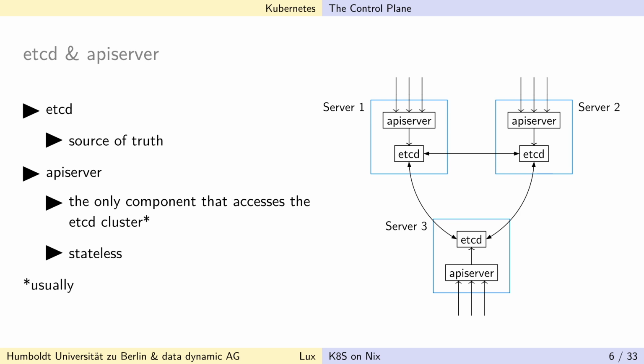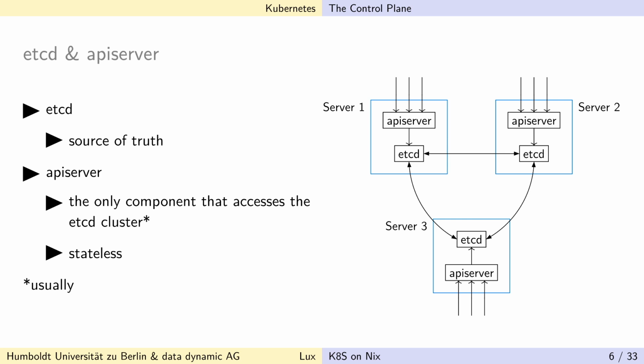So the core components of the control plane are the etcd cluster and the API server. And I think it is very important to understand that the only thing that talks with the etcd is usually the API server. There are very, very uncommon exceptions, but that's how it should be. The API server is completely stateless, just an API server that talks with the etcd.